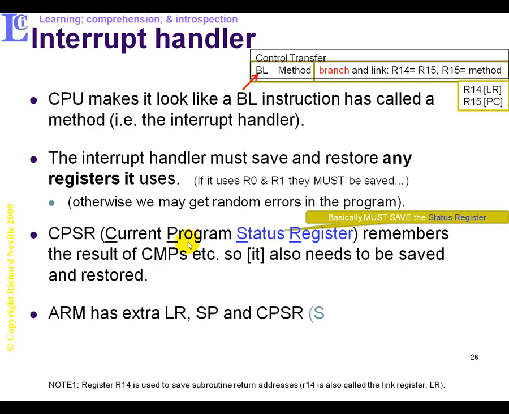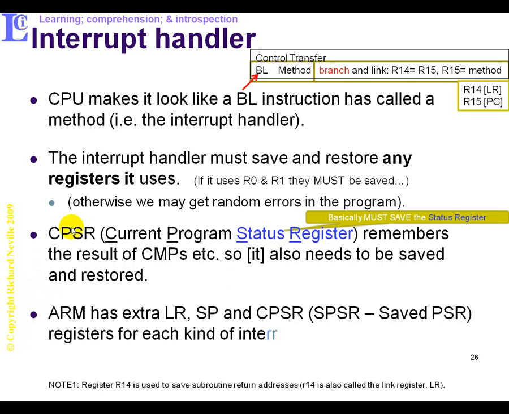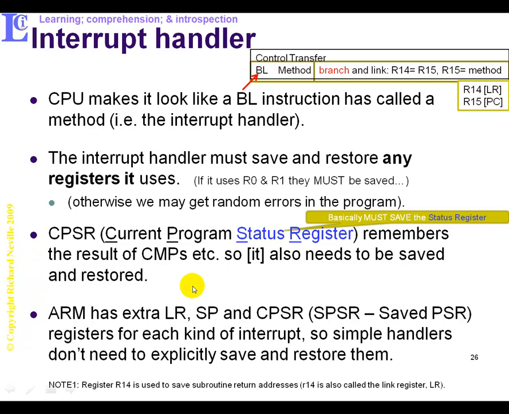Now if we look at this, ARM has a number of other registers as well, which we're going to probably save down and use to do this process. One of them is the link register. As we've seen, we use this in the equivalent instruction to an interrupt, which is branch and link, because we're going to save the link register, which is the address of the next instruction after the interrupt.